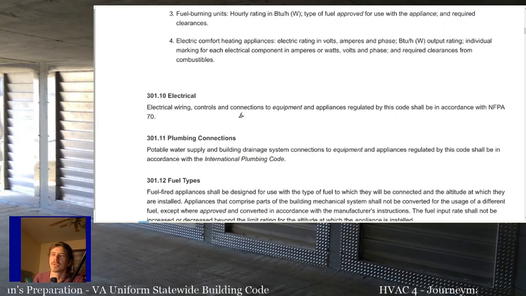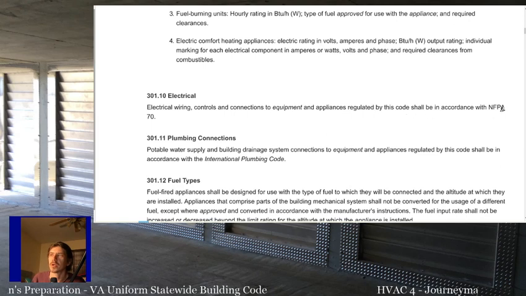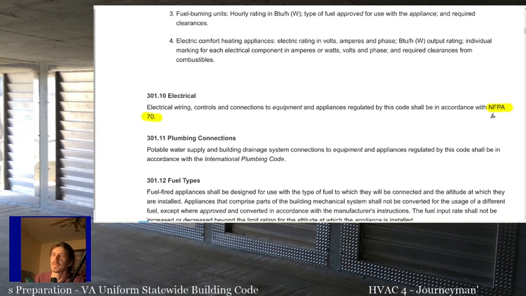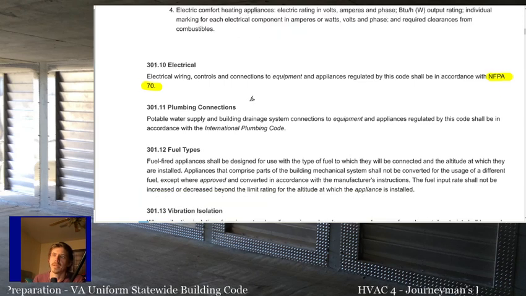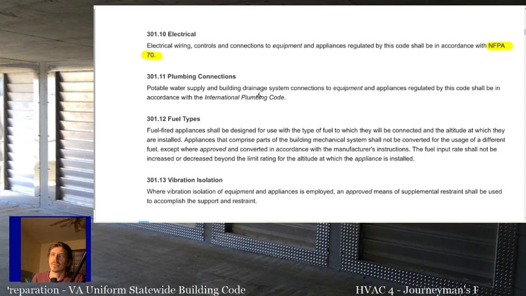All right, electrical wiring connections and controls are in accordance with NFPA 70. Okay, so that's going to be a difference between the codes if I remember right. The international code says in accordance with the International Electrical Code, or it used to, but Virginia is NFPA 70. NFPA 70 is your NEC, your National Electrical Code.